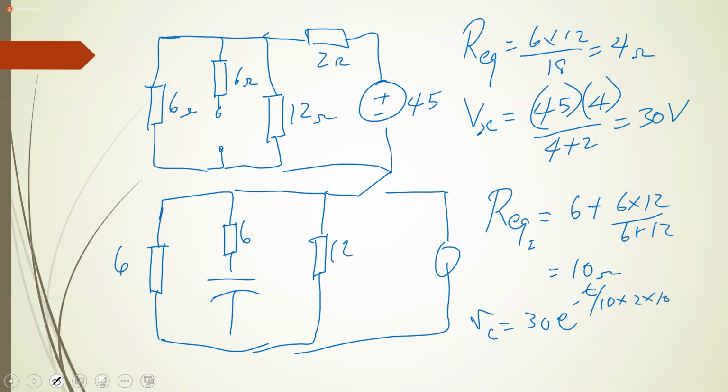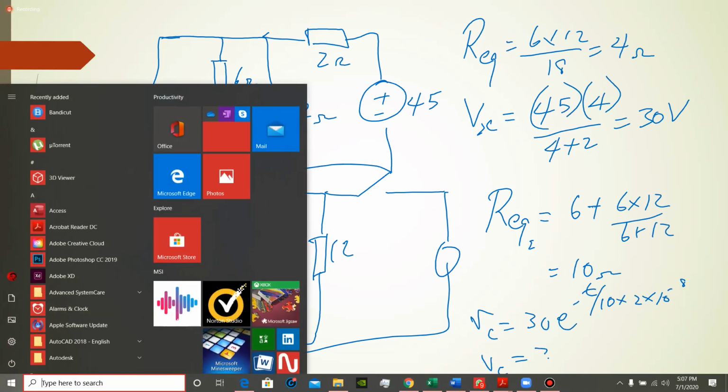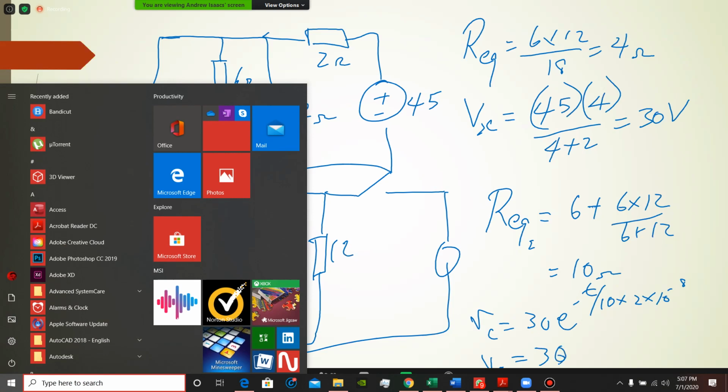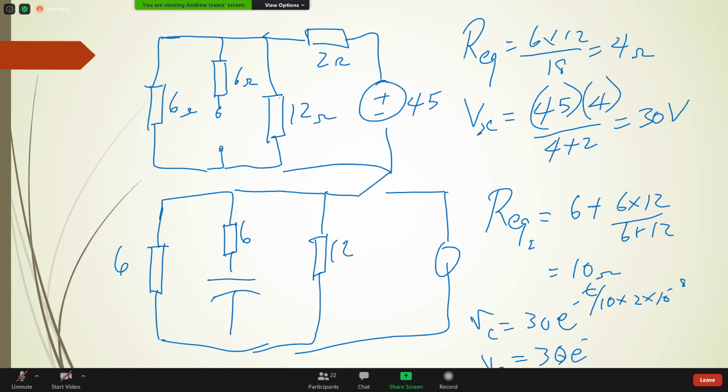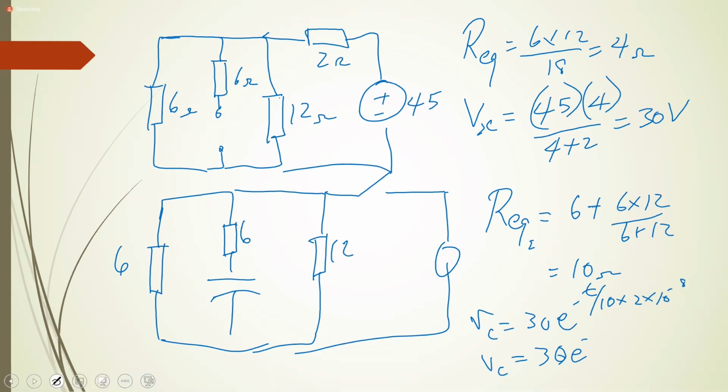So I have 30 e to the minus t over 2 times 10 to the minus 6 over 0.2 times 10 to the minus 6.